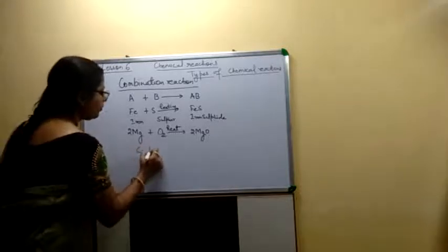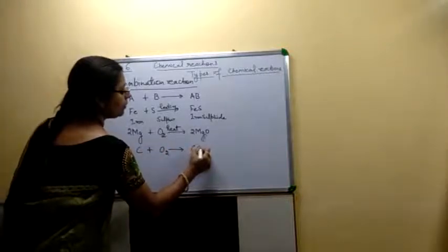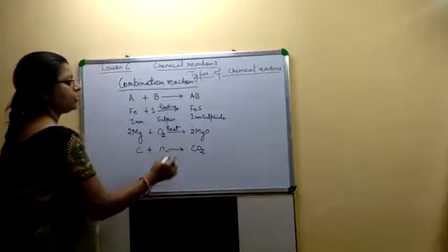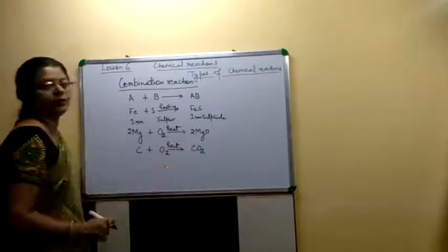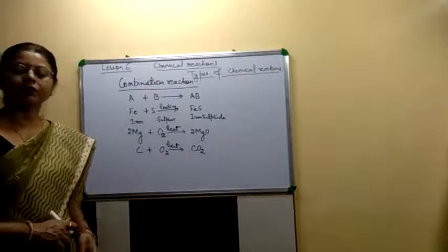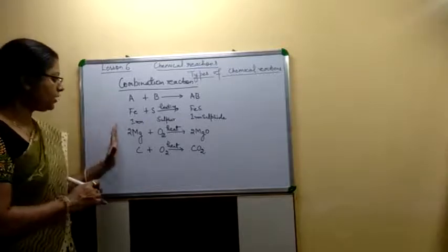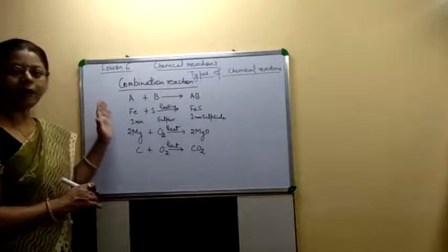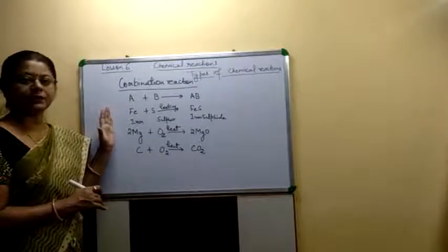Next is the burning of coke, means carbon reacts with oxygen, it will form carbon dioxide. Here also in the presence of heat, carbon dioxide is formed. So in all these, you can say elements are combining together, means molecules of the elements.